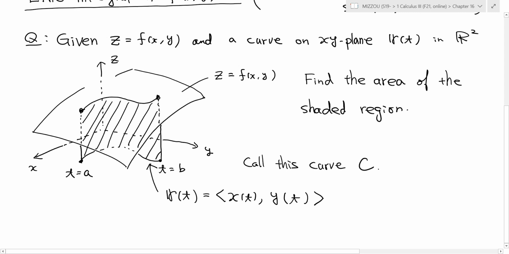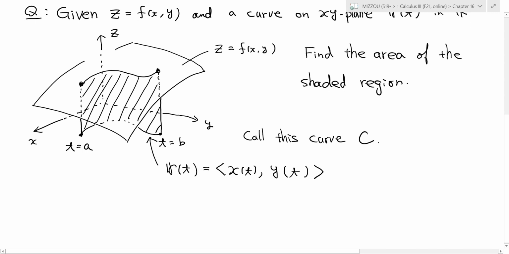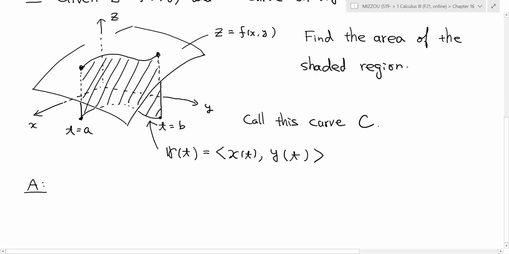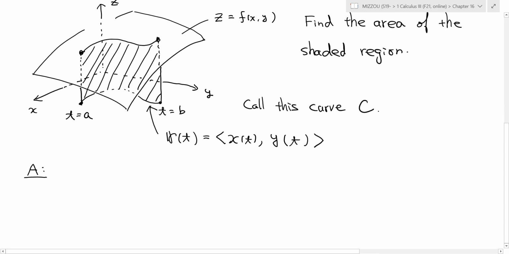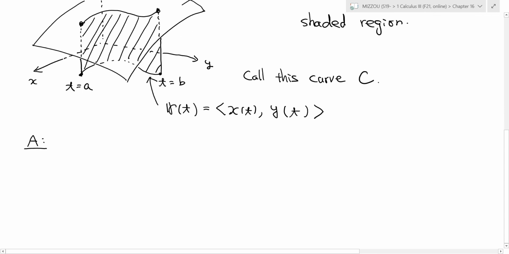Then now, how should we do this problem? And here's the answer to this general question. Let's look at what's happening on the xy plane. So on the xy plane, you have the curve.